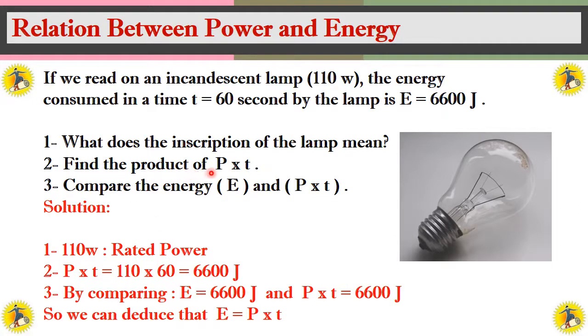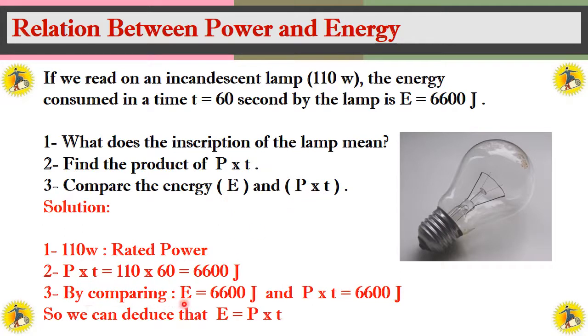Find the product of P times T. So we will multiply 110 by 60. We will get 6600 joule.